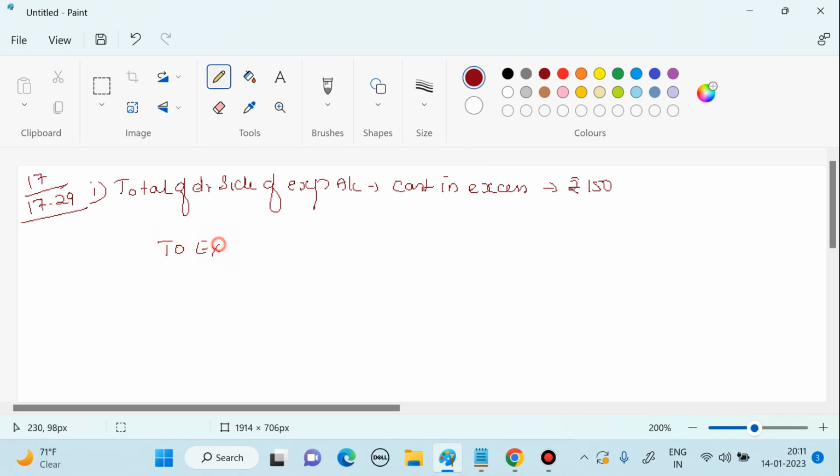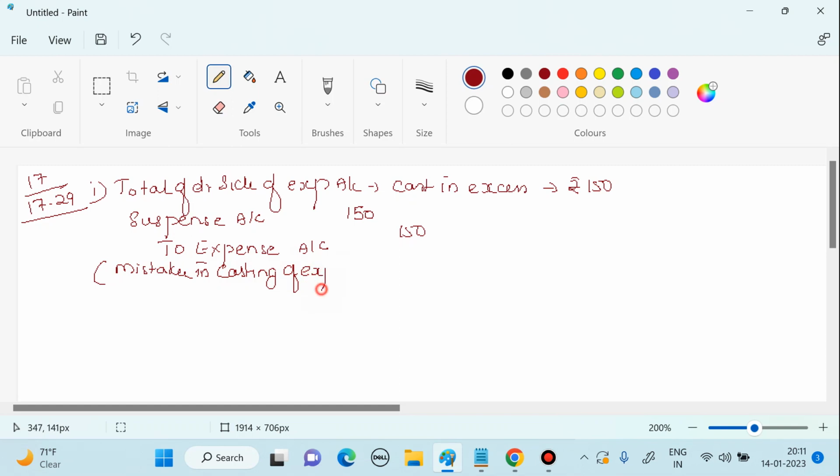So we credit the expense account and we debit the suspense account, 150. So mistake in casting of expense account now rectified.